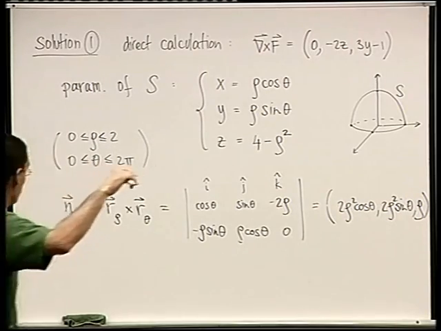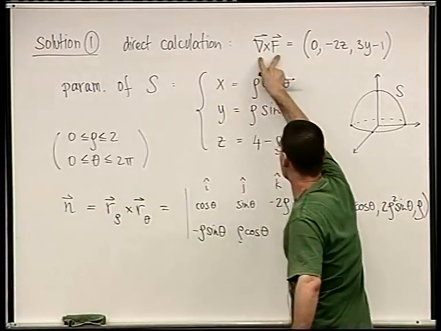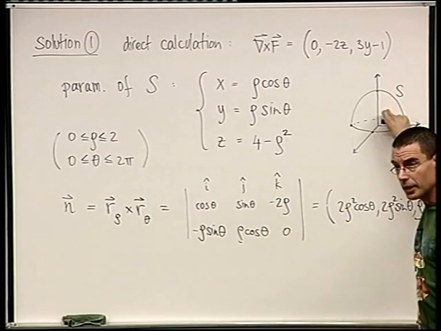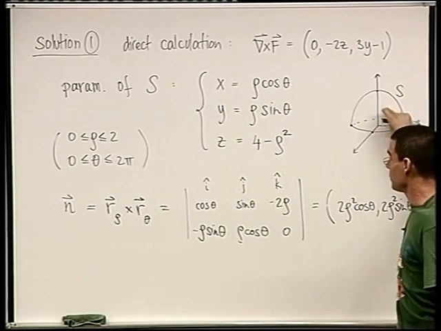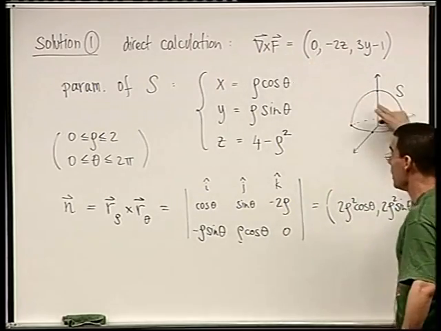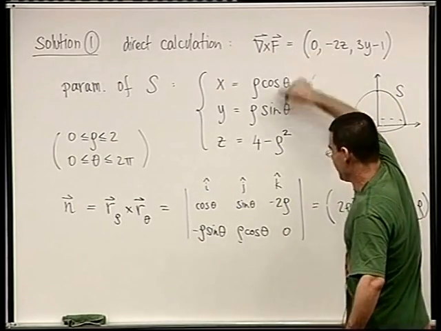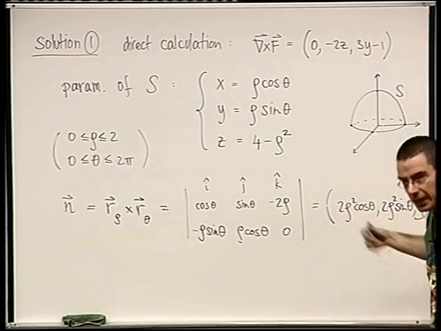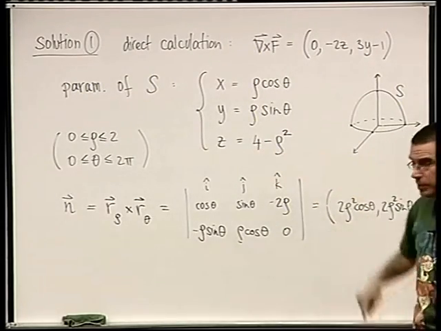So this is the normal. What are we doing? We want to calculate the surface integral of this field over this surface. How do we calculate a surface integral of a field over a surface? We take the field calculated on the parametrization, dot the normal, calculated over the range of the parameters.